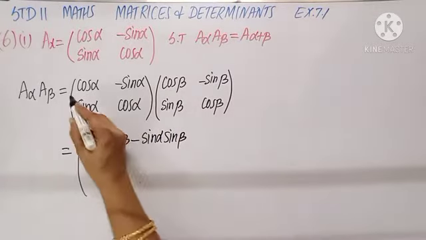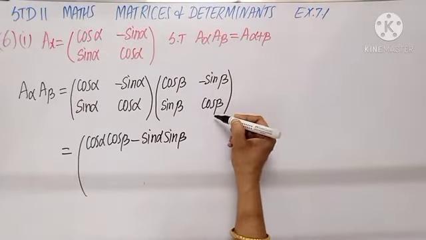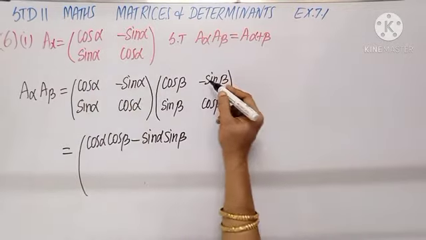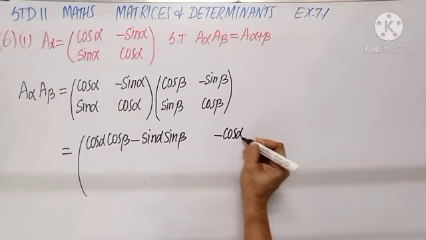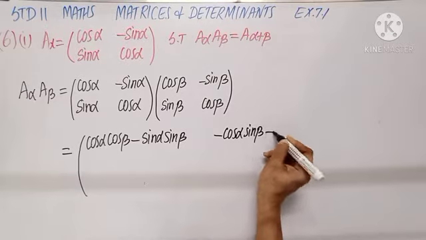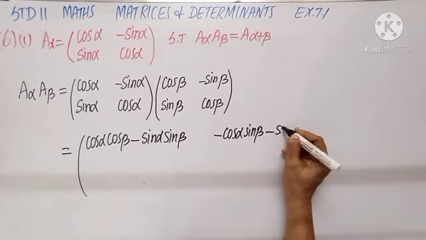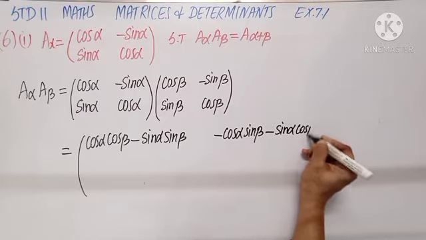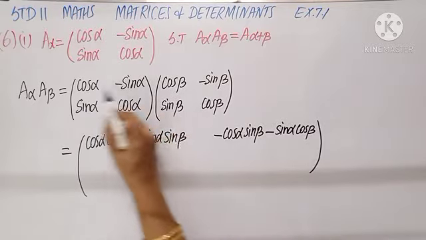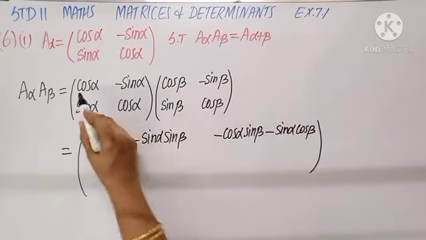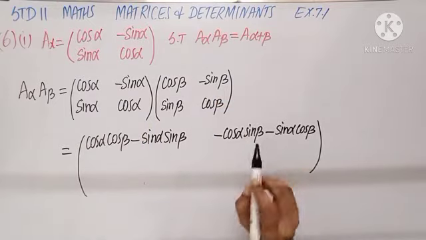Now, first row by second column: cos alpha into minus sin beta, minus sin alpha cos beta. First row by first column and first row by second column are done.